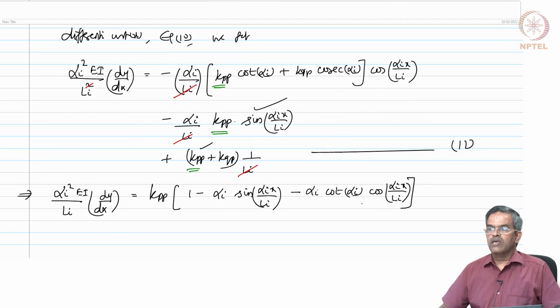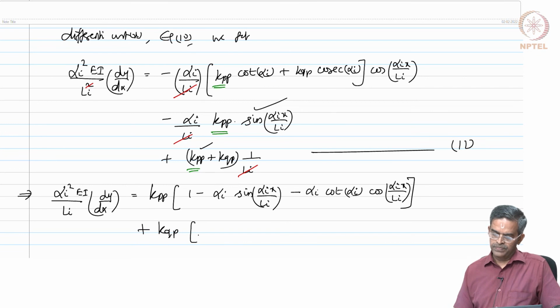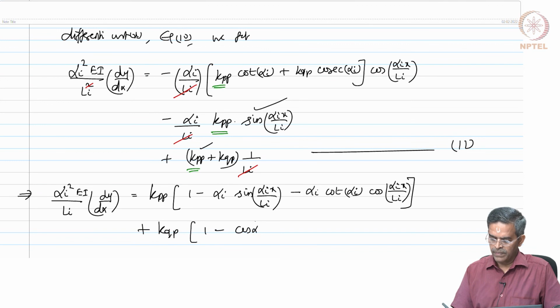Let us talk about KQP: plus KQP of 1 minus cosecant alpha I into cos alpha I x by Li.